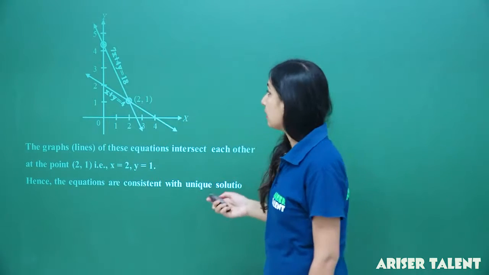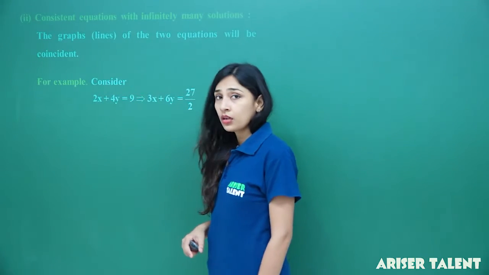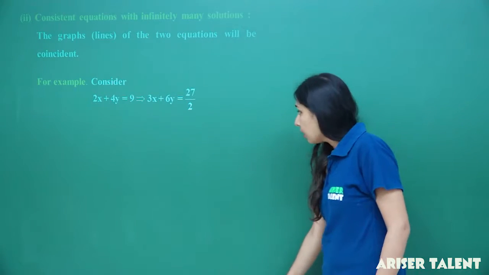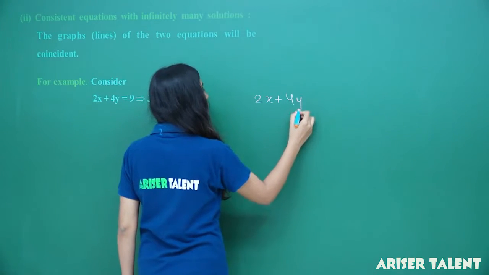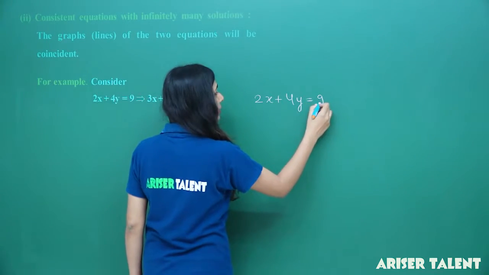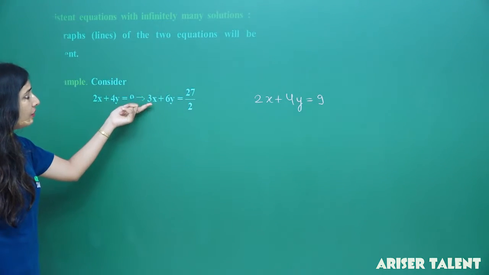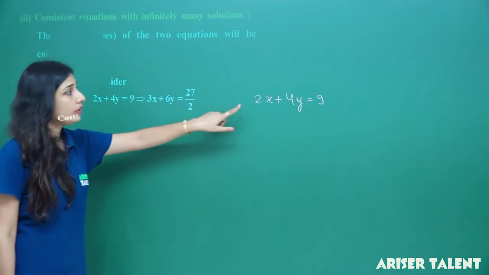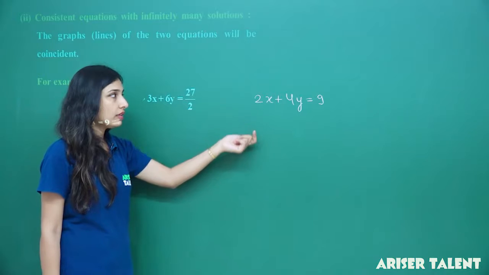That is the number one category. Then the second, the consistent equation with infinite or many solutions. In this case, I have this equation. Let's suppose it's 2x plus 4y equals 9. Now, students, what did I do? This is 3x, and now it is 2x. So how can I make this 2x into 3x?